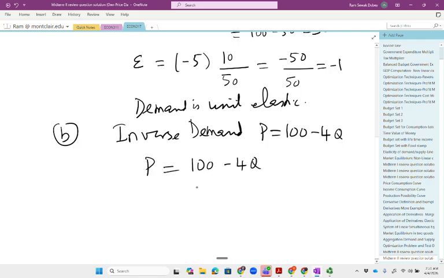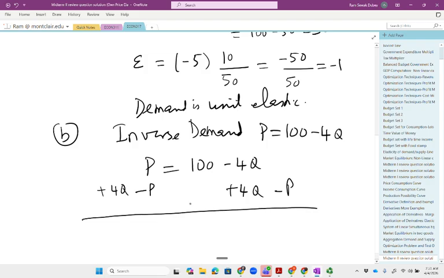So I have minus 4Q on the right, so I will add 4Q to both sides of the equal sign. And then I have plus P on the left, so I will subtract P from both sides. With this, we obtain 4Q on the left and 100 minus P on the right.